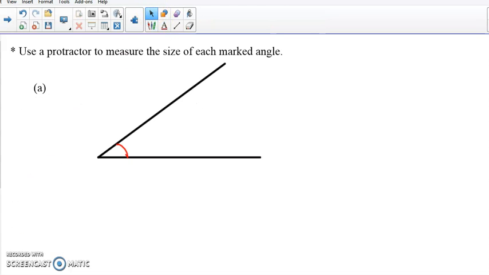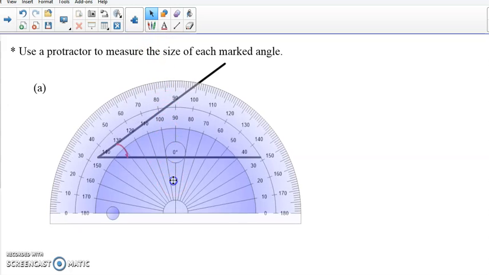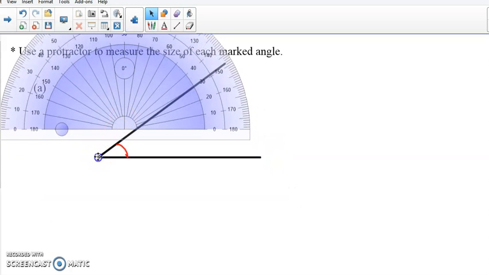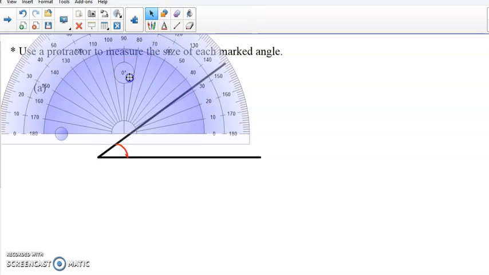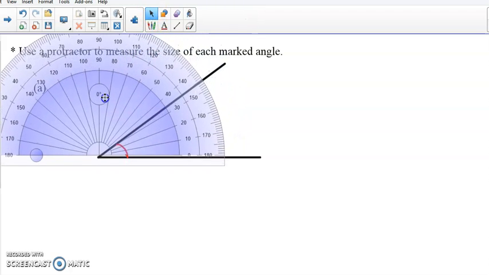Okay, now let's look at some other questions. In this case, we are asked to use a protractor to measure the size of each marked angle. To measure this one here, I will use my protractor, place it here. This point here will be the center, where this will go to the 0 and 180 degrees.